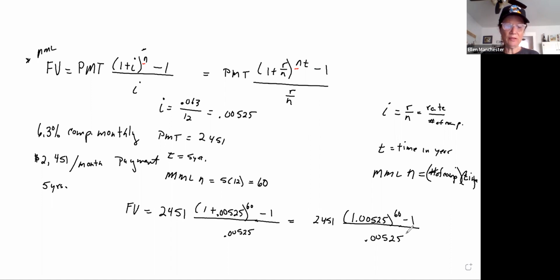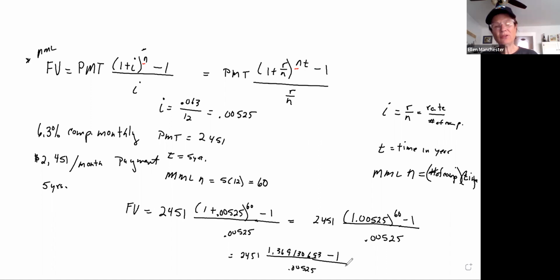So I add 1, I raise it to the 60th, and I'm going to hope I have enough room here. So I end up with 2451, and on top, I end up with 1.369130693 minus 1.